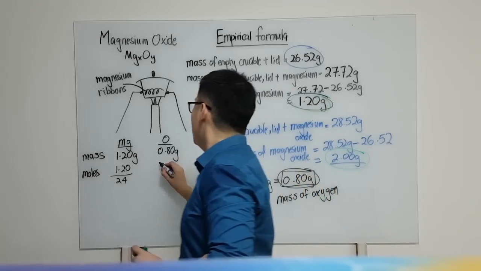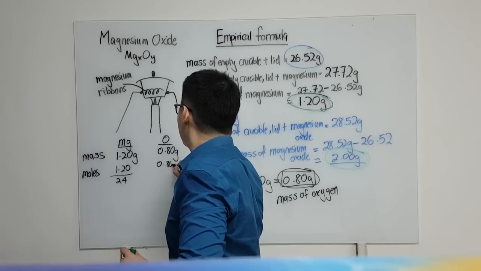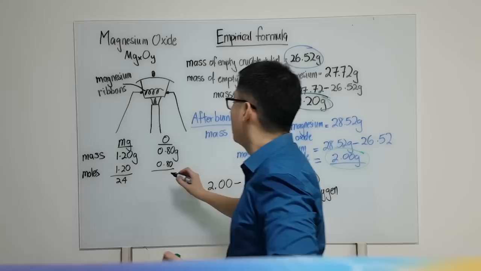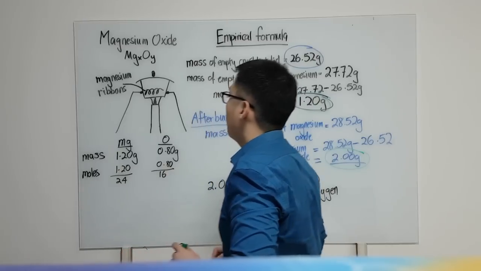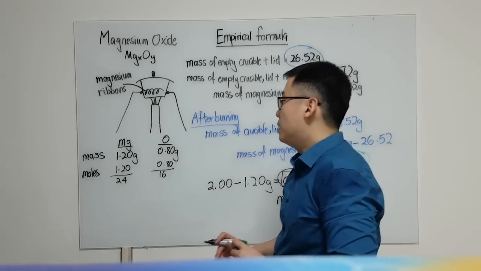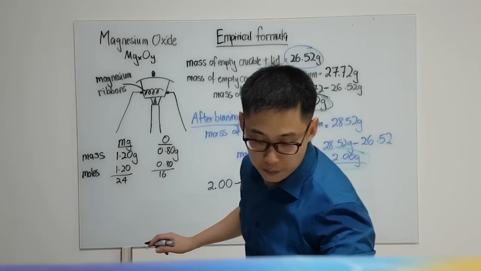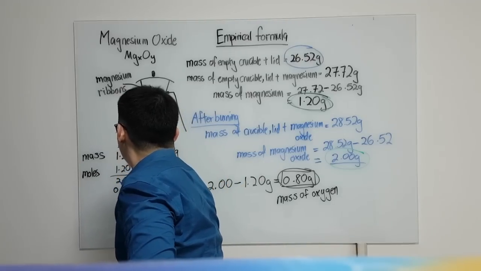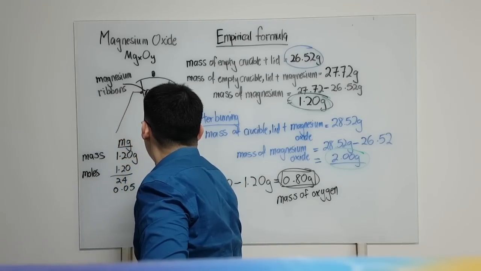And for oxygen, I will take 0.80 divided by 16, which should be the relative atomic mass of oxygen. So this would then give me 0.05 and 0.05.